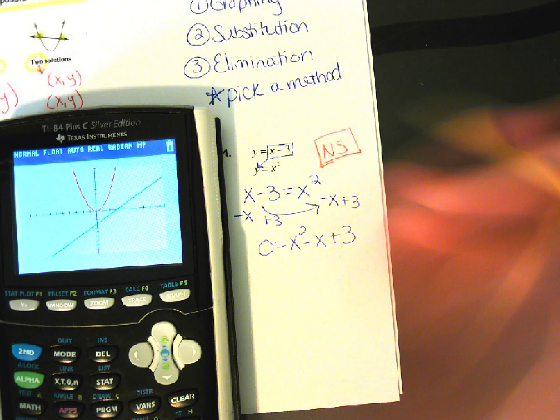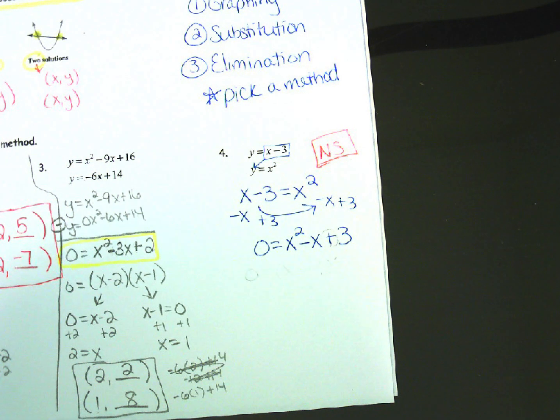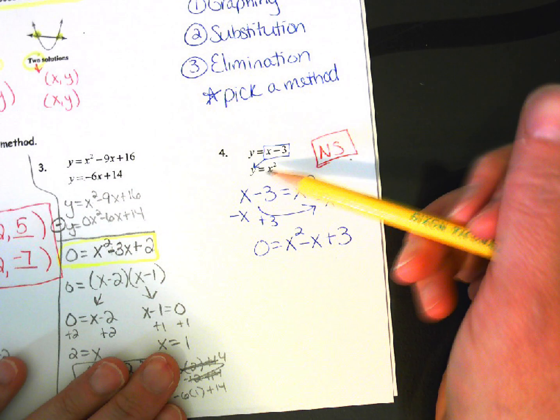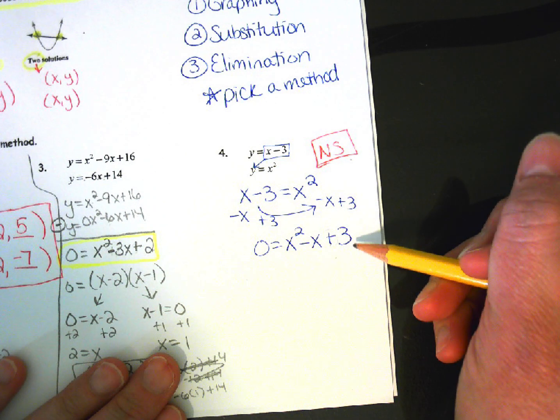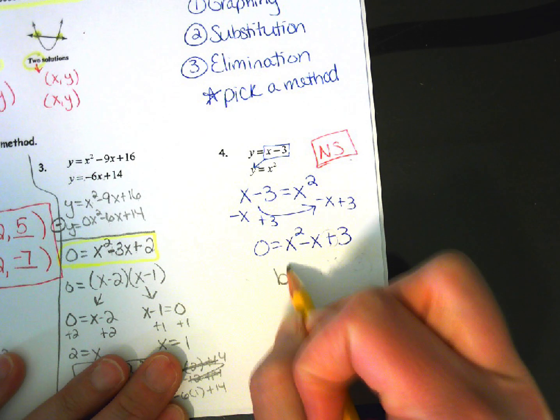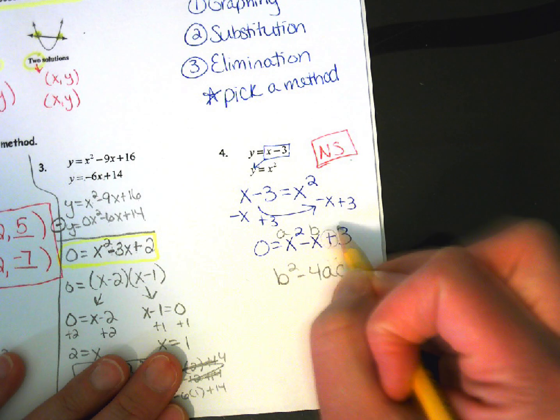Let me show you one other one. Let's say you were on a no-calculator part of a test and you're like, oh no, I can't type them in my calculator. Well, you could try to sketch it by hand, but you could also just do the discriminant, the b squared minus 4ac. So you have your a, your b, and your c.